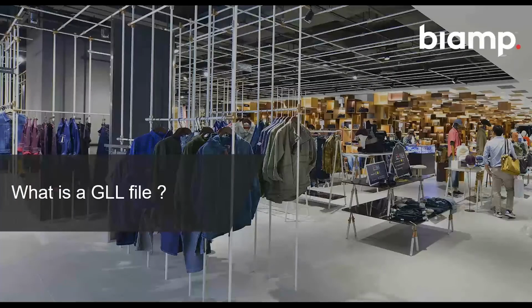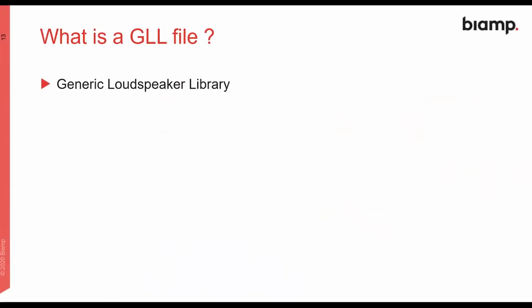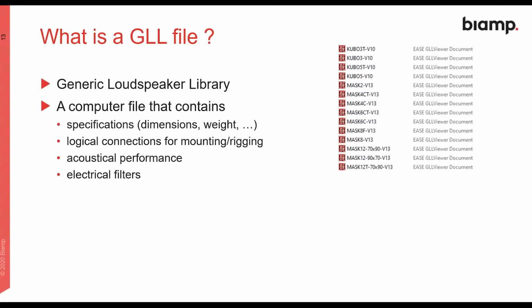So GLL file, some of you may have heard this word bandied about. So we're going to dig into what exactly is a GLL file. GLL stands for Generic Loudspeaker Library, and it's a computer file that contains all the data that is required about a loudspeaker. So that can be, for example, the simple specifications, the dimensions, the weight of the product.